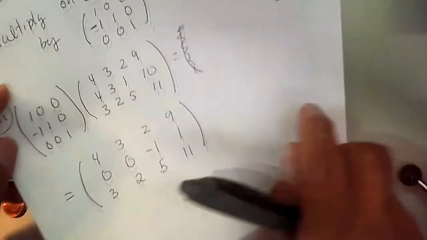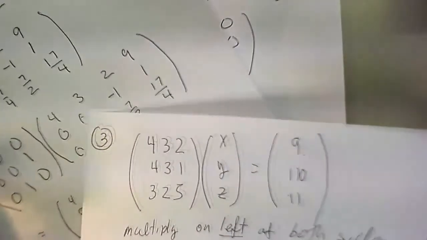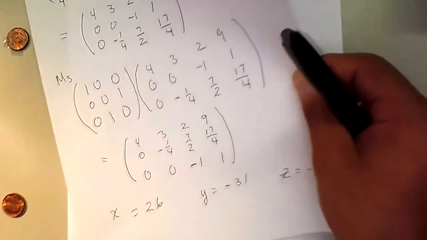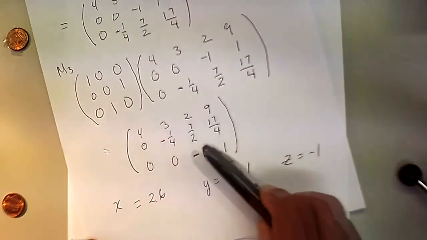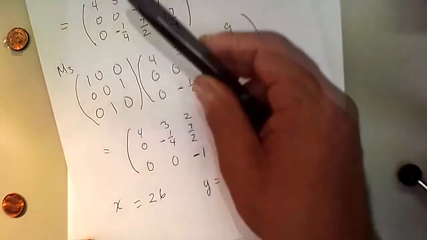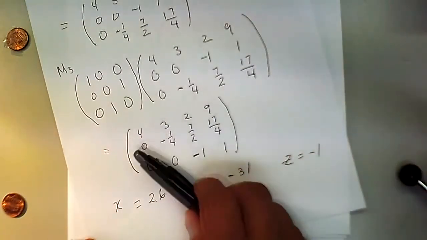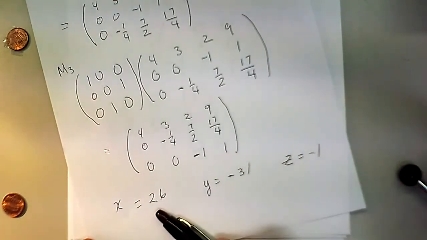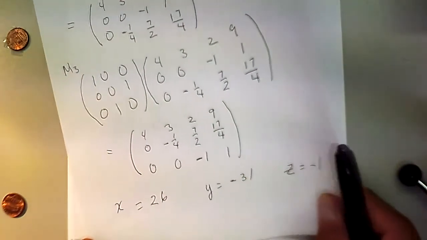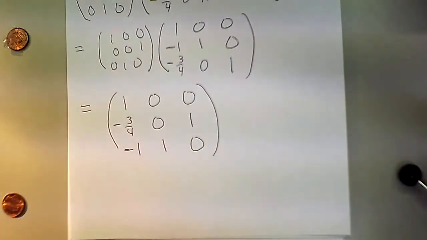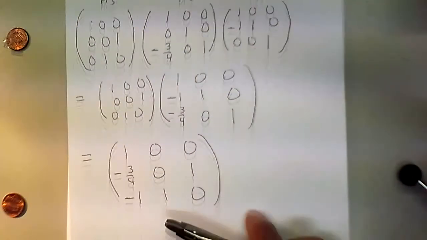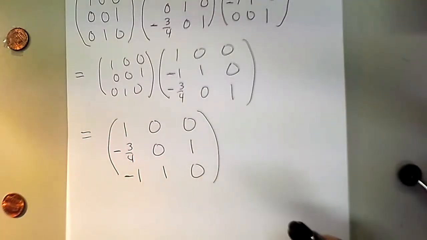We would save ourselves from doing this, and this, and this, and we will actually directly get to this point in one shot. Instead of doing 3 steps, we could do it in 1 step and achieve this, and then back substitute to obtain the solution. So is it possible to do that? Yes.